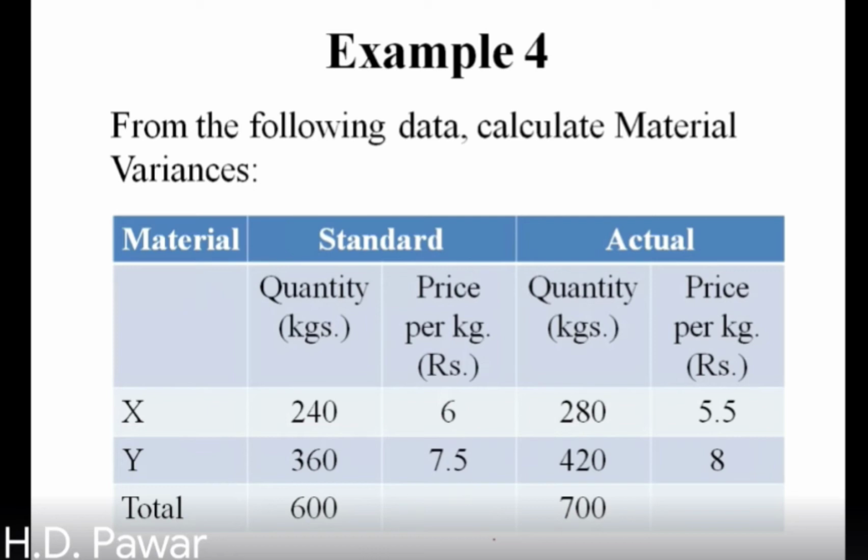So before calculation of this example, you must observe whether the totals are same or not. So here total is 600 and here total is 700. Tell me it is same or not? Not same. Apart from this, you must check the proportion of it.